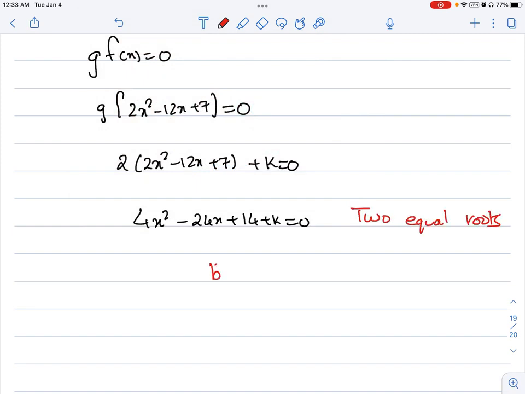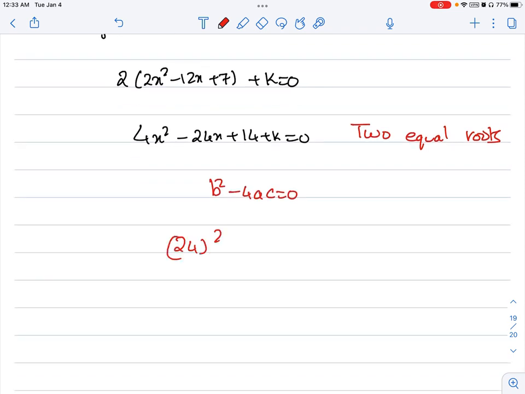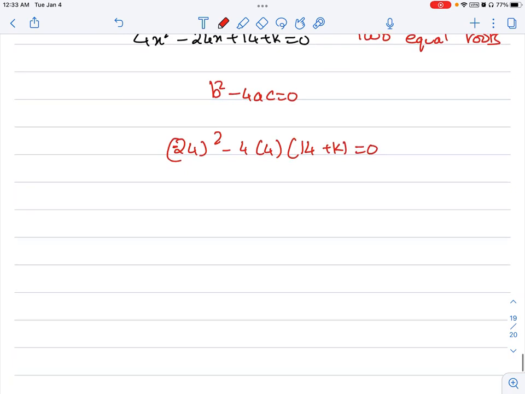Two equal roots means b squared minus 4ac should be equal to 0. So 24 squared minus 4 times 4 times (14 plus k) should be equal to 0. So 576 is equal to 16 times (14 plus k). 24 times 24 is 576.